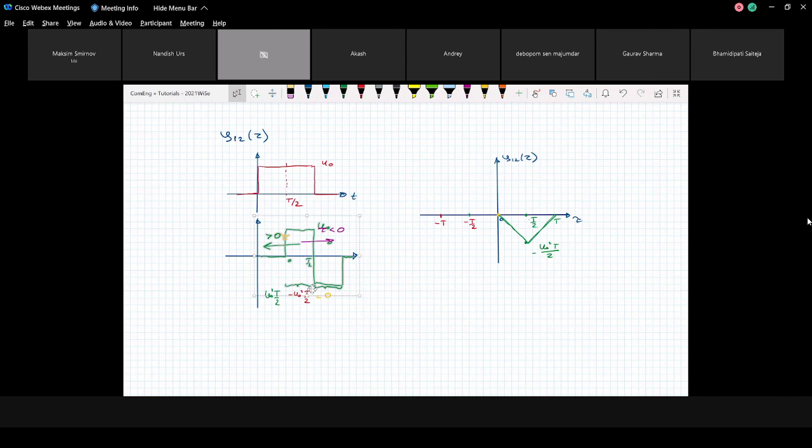It will be plus U0 squared by T/2. And if I shift by minus T, it is 0, because again they do not overlap. Between these critical points, we have linear behavior. This is our cross-correlation function between the two signals.